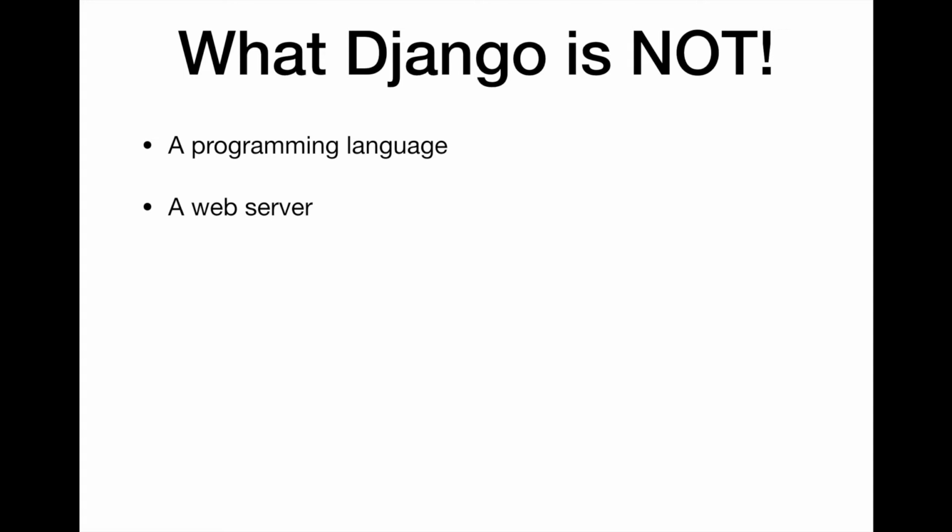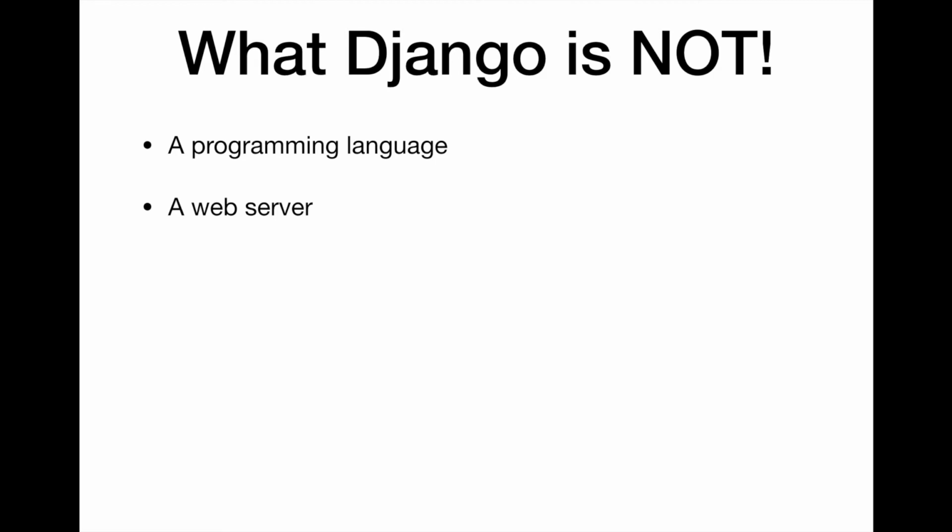It does contain a built-in web server for convenience while we are developing, but it's not used outside of that context. When we deploy Django on a live website, it works in tandem with Apache or Nginx or other web servers as well. Deploying Django for production is beyond the scope of this tutorial. Anyway, it's just an introduction.